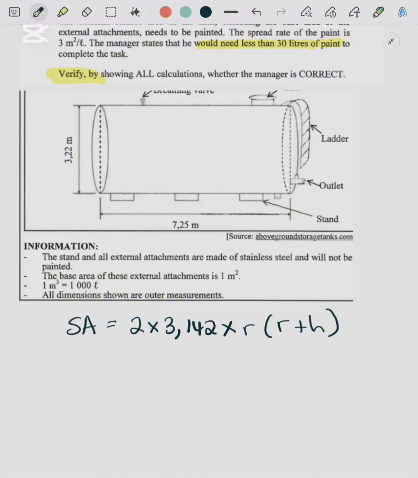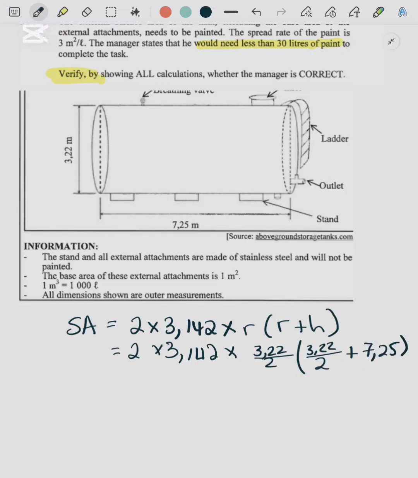So we're substituting in here. The 2 can stay, 3,142. The radius is half of 3,22, so 3,22 divided by 2. We're using external measurements now because we want to work with the outside that's going to be painted, into 3,22 divided by 2 to find the radius, plus the height of 7,25.